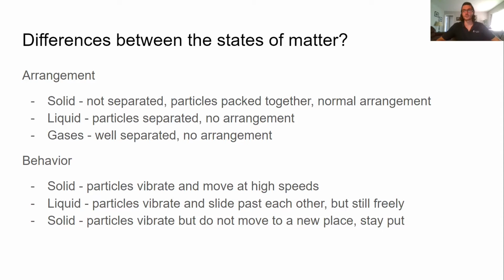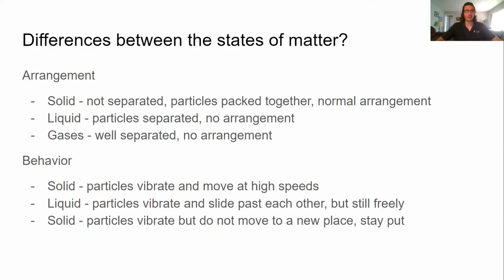So we can differentiate between solids, liquids, and gases. We can think about it in two different ways, their arrangement or their behavior. All of these states of matter are made up of little particles, right? I said again, they're made up of atoms that form molecules, but we're just going to talk about their particles.